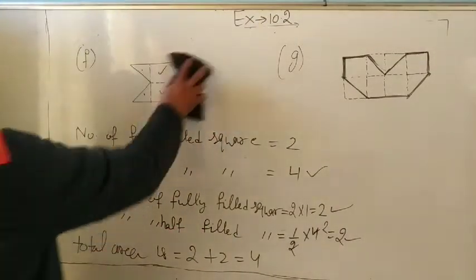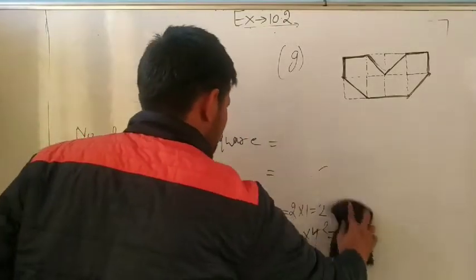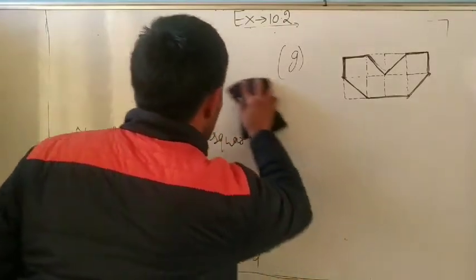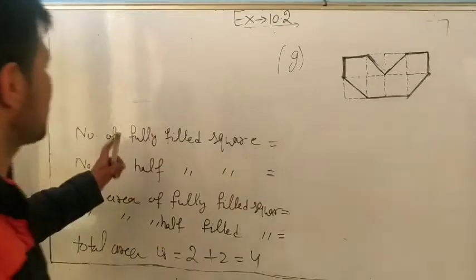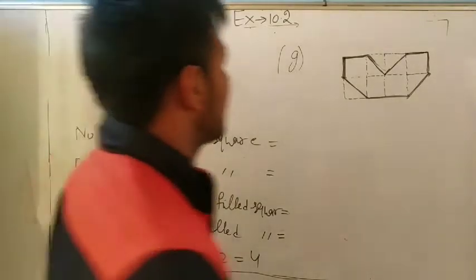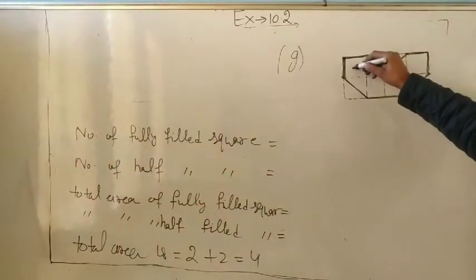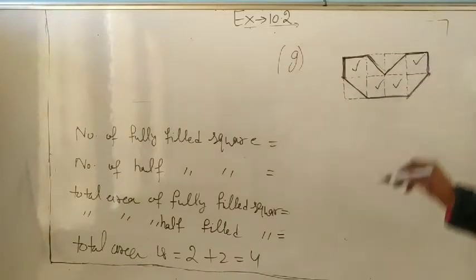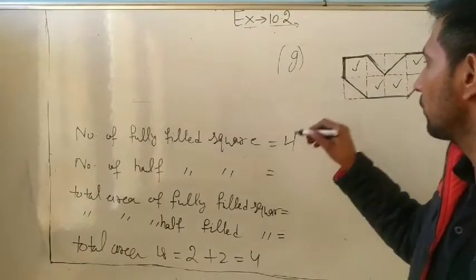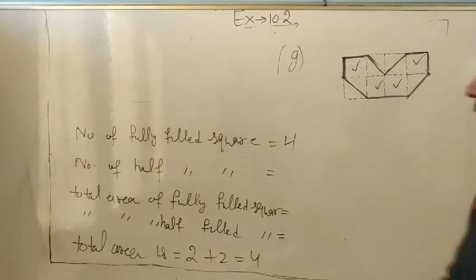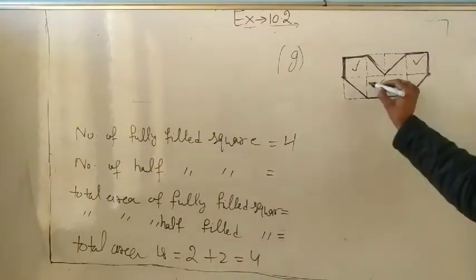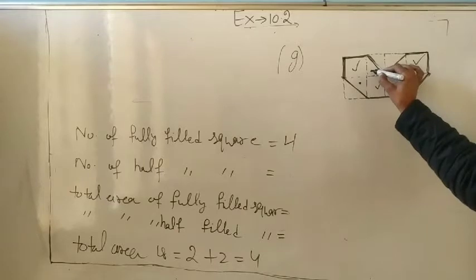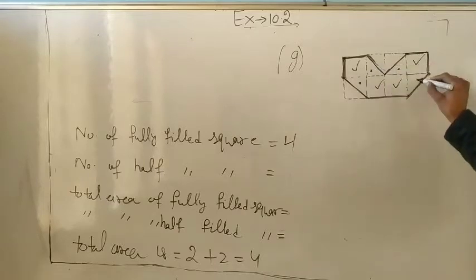Next is G part. In G part, first we will count how many fully filled. 1, 2, 3, 4. So total fully filled is 4. Now we will count the number of half filled. Half filled is 1, 2, 3, 4.